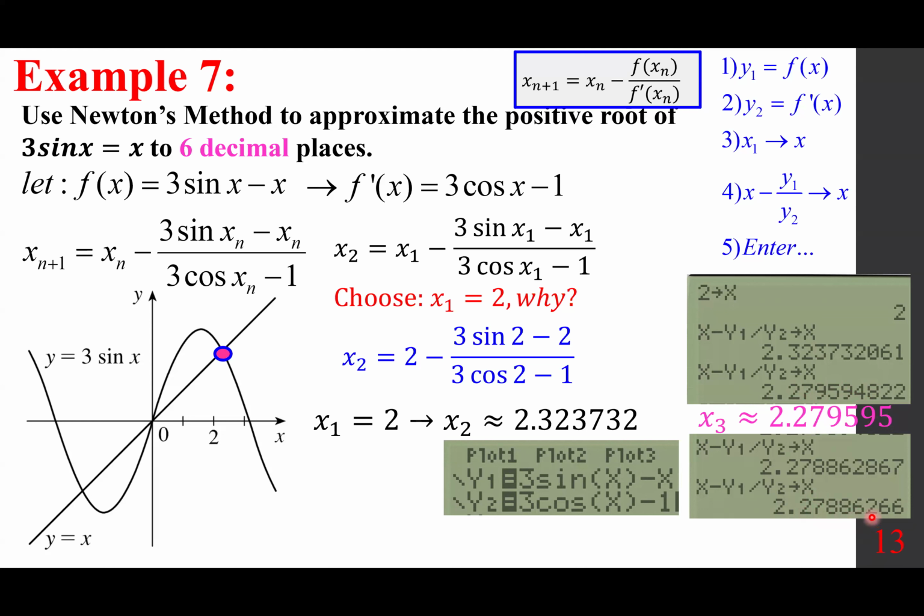And we want 2, next to it is 6, it goes up, becomes 3. And it happened to be the same as the next one. Notice the next one is the same. Since x sub 4 and x sub 5 are the same within 1, 2, 3, 4, 5, 6 decimals, we stop and we say the answer is 2.27886.